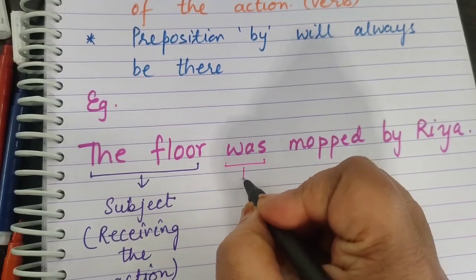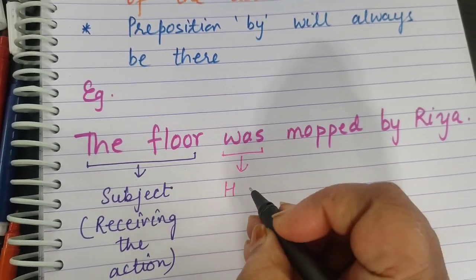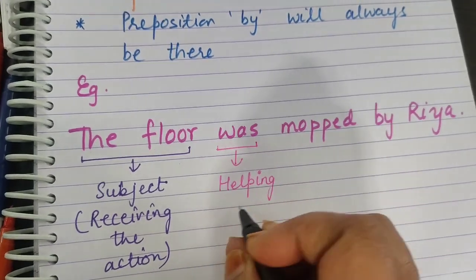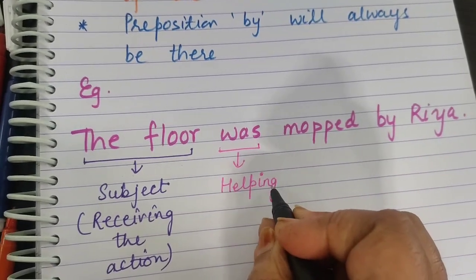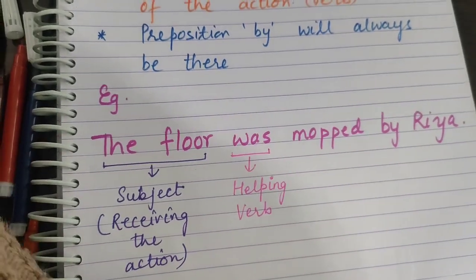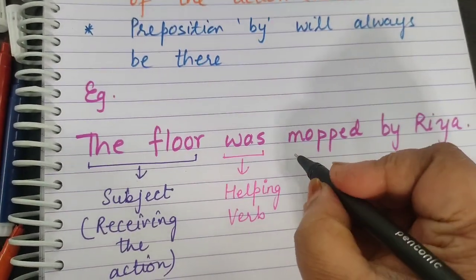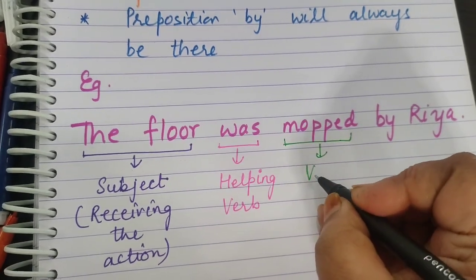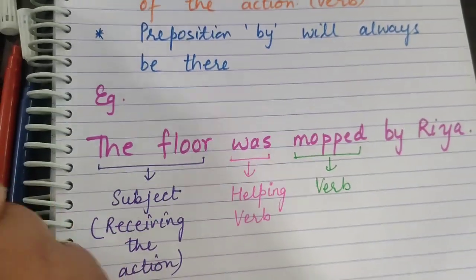We have to add a helping verb according to the tense of the sentence used in the active voice. So this becomes your helping verb, whereas this we have already dealt. Mopped is what? Your main verb here.